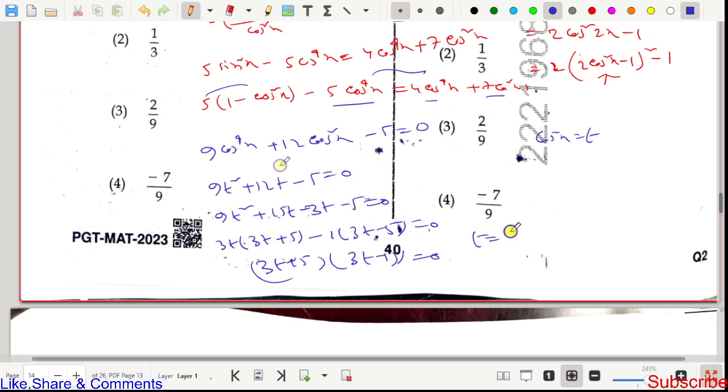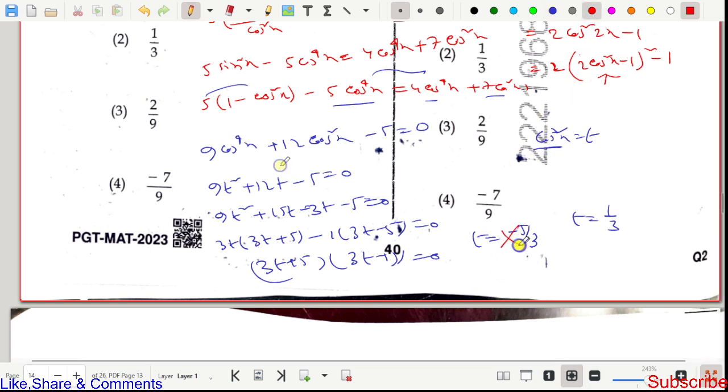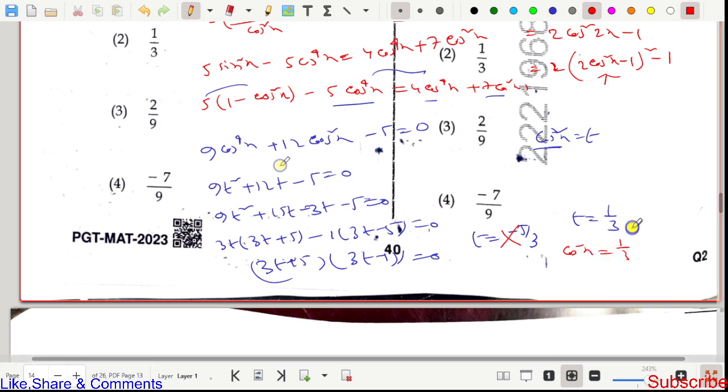So we are getting two values, one is t equals minus 5 by 3, another is t equals 1 by 3. Now t is cos square x, so it is a square term, and a square term cannot be negative, so we have to neglect this value. So cos square x equals 1 by 3.